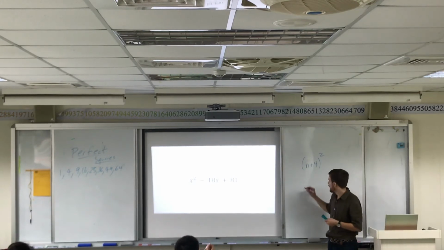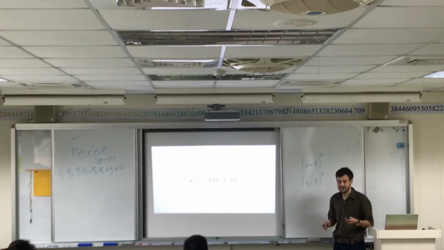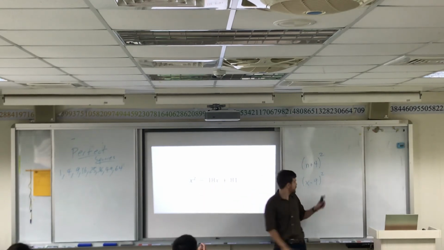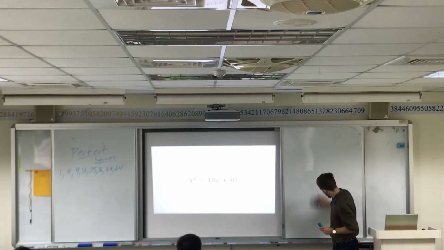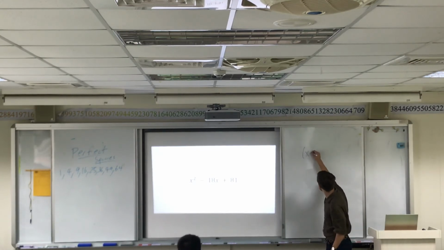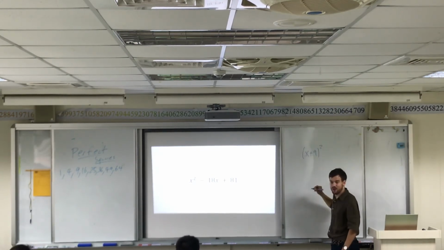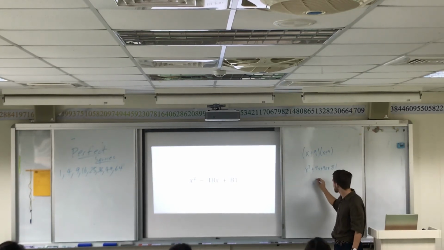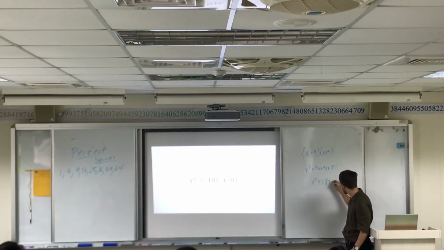How about this one? x minus 9, because I've got the minus here. If I had a plus here, if I take x plus 9 times x plus 9 and multiply it out, which is x squared plus 9x plus 9x plus 81, I'm going to get x squared plus 18x plus 81.